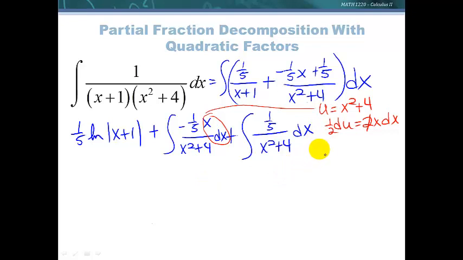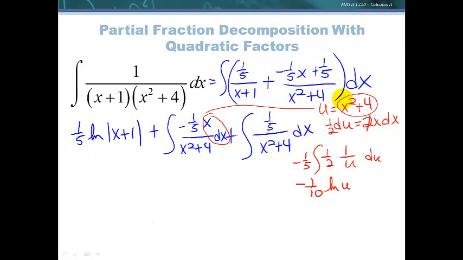So I'm going to have integral, and we'll go ahead and put this negative 1/5 out of the way. So my x dx is going to be 1/2 du, and then I'm just going to have 1 over u. So that is going to be negative 1/10 times the natural log of u, and then we can replace with our x squared plus 4, which is always positive.